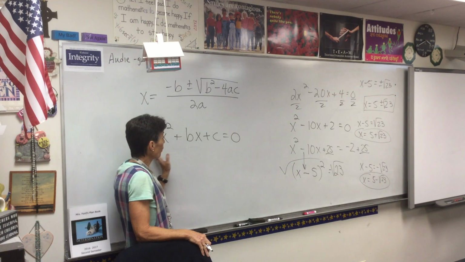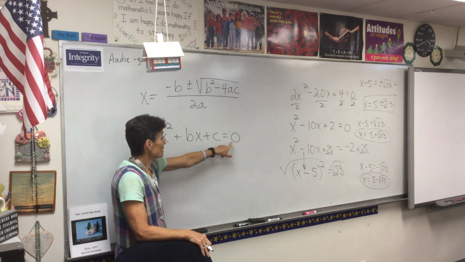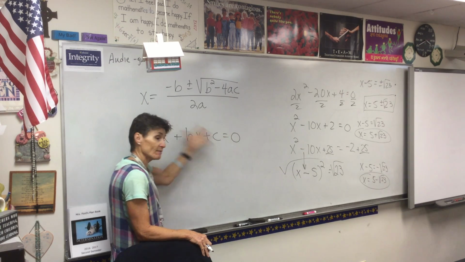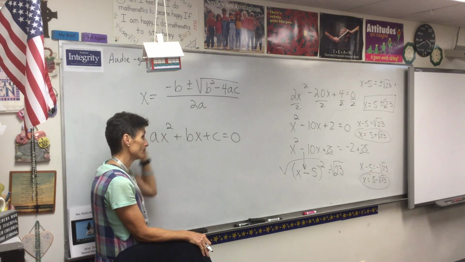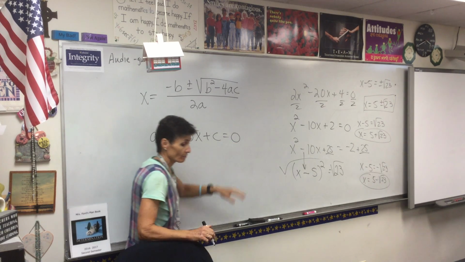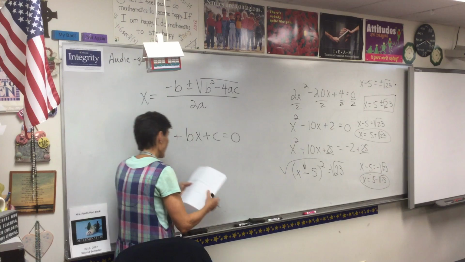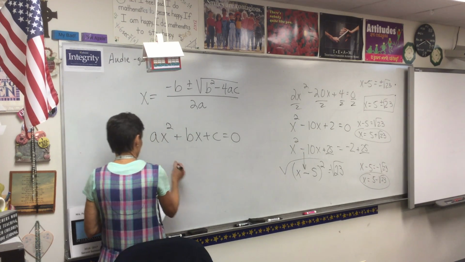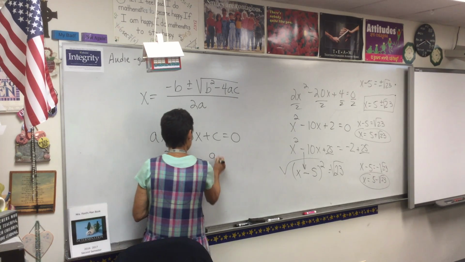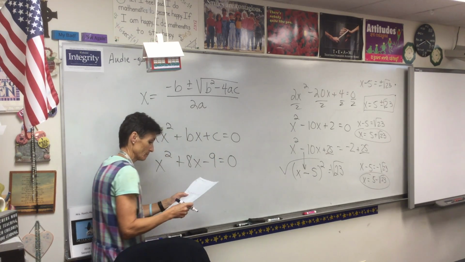Notice that if you're going to use the quadratic formula, your equation has to be set equal to 0. You have to have the a, b, and c all over here, so the equation is set equal to 0. So let's look at the next one here and see what's going on. So we have x squared plus 8x minus 9 equals 0.